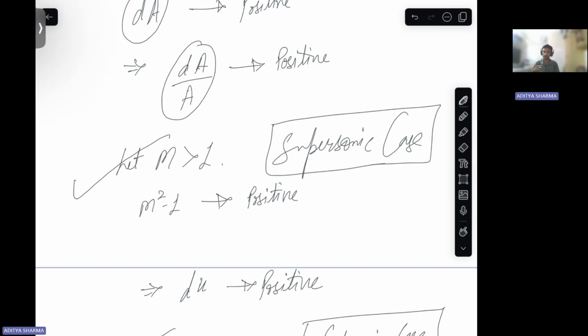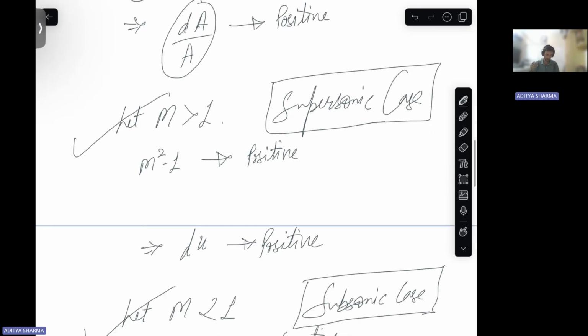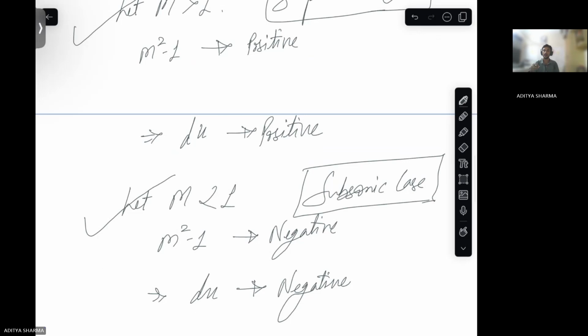If the flow is subsonic, then its velocity will further reduce. So if the Mach is, let's say, 0.7, in that case, as the flow is moving forward from A dash to B dash, the Mach will come down to be lower than this. Okay.